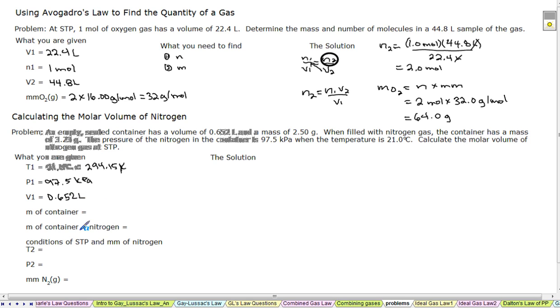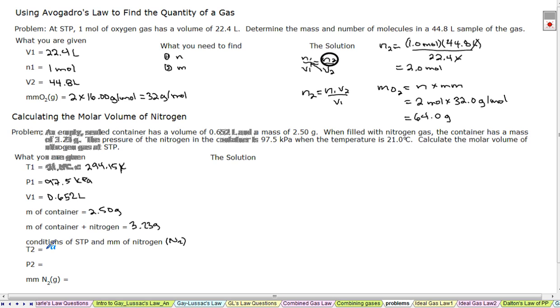Now, I know the mass of my container is 2.5 grams, and the mass of the container plus the nitrogen gas is 3.23 grams. And I also know my conditions, STP, and I can determine the molar mass of nitrogen gas. Remember, nitrogen gas is N2.